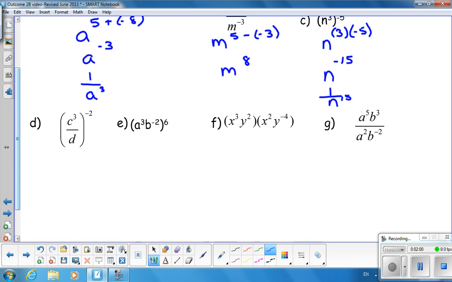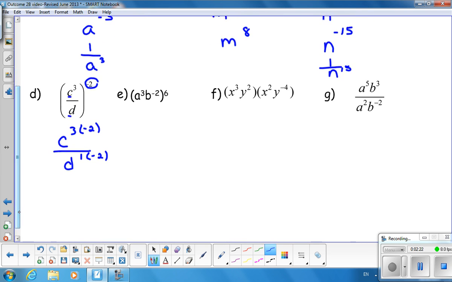In part D, we have a power of a quotient. So that exponent outside has to go to both bases, and we're going to multiply the exponents. So we have c to the power of 3 times negative 2 over d to the power of 1 times negative 2.